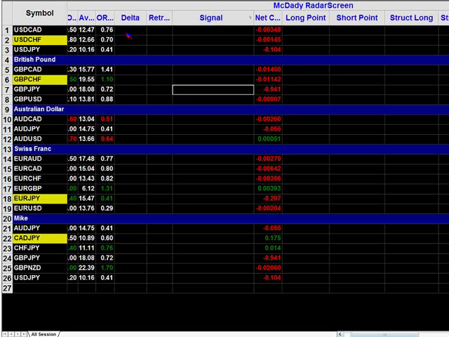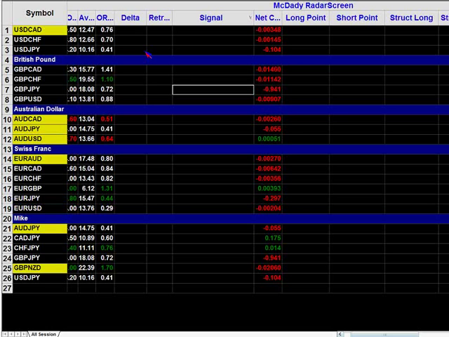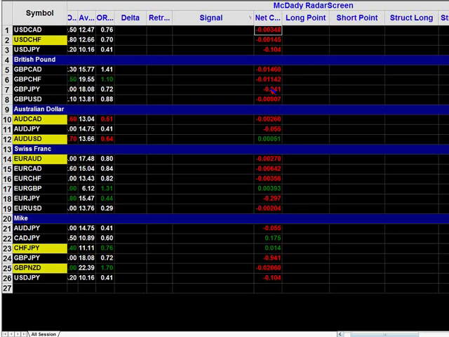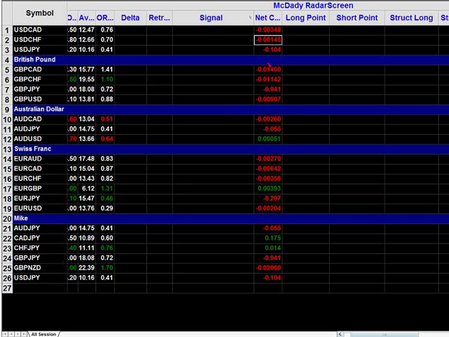And then we have what we call our deltas or our retracements, and these are gauges that we measure the extent of the move. You can use the net change. I mean, the net change can suffice for you. So for example, from the last session, you can see that the dollar Swiss has moved 14 pips.